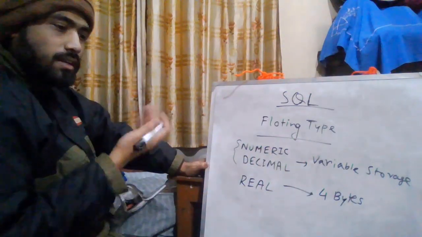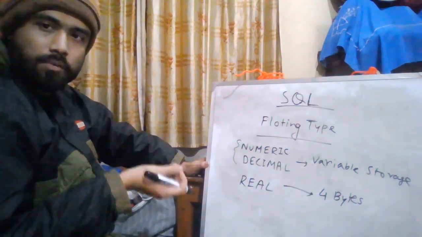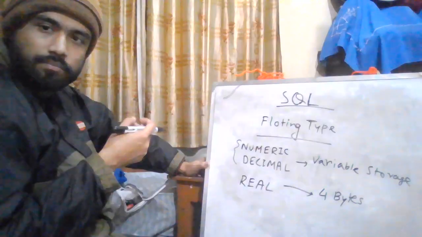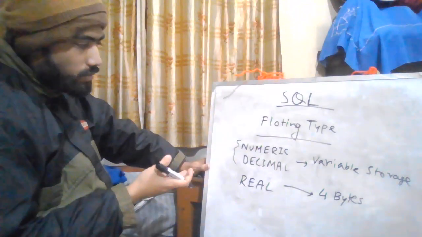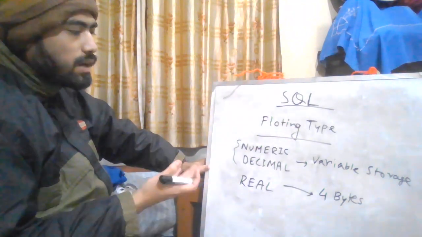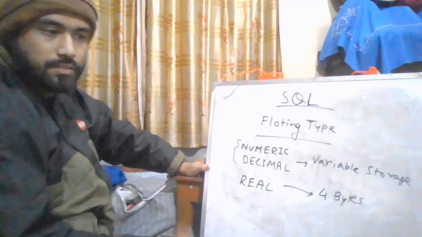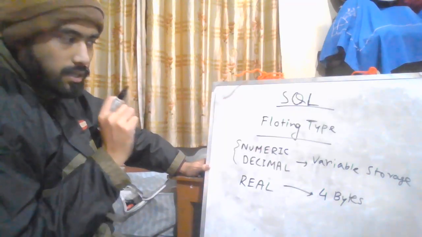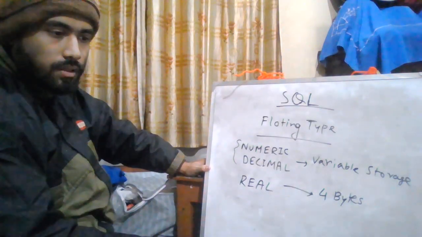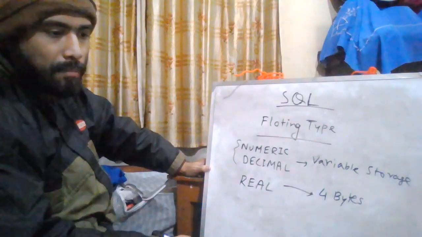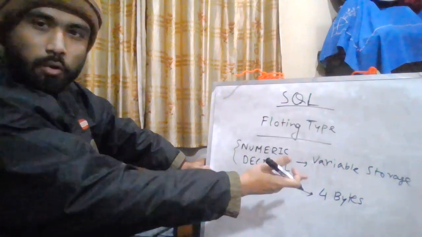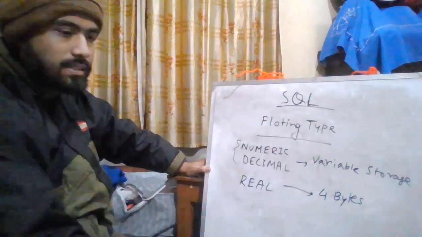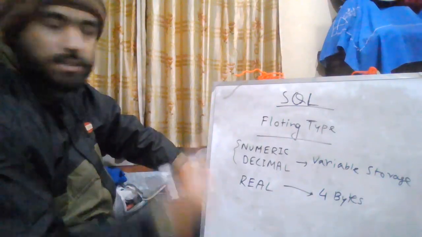Numeric and decimal can be smaller than 4 bytes or 2 bytes, but in real data type, it is 4 bytes, fixed. And these 4 bytes provide us 6 decimal digits precision.